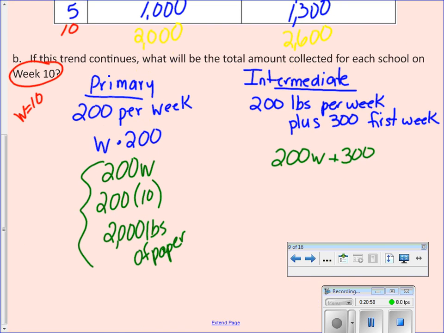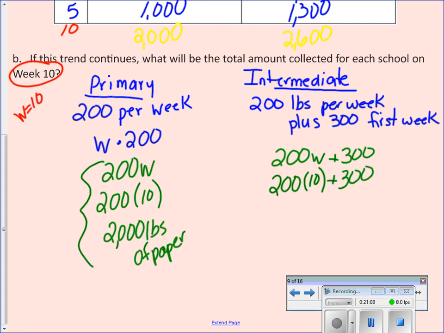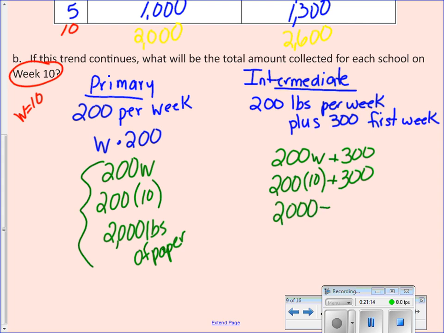But now we want to find out when it's week 10. So 200 pounds times 10 weeks plus the 300 pounds from week 1. We follow our PEMDAS laws. 2,000 plus 300, 2,300 pounds of paper.